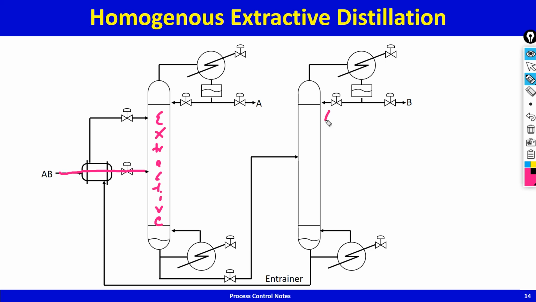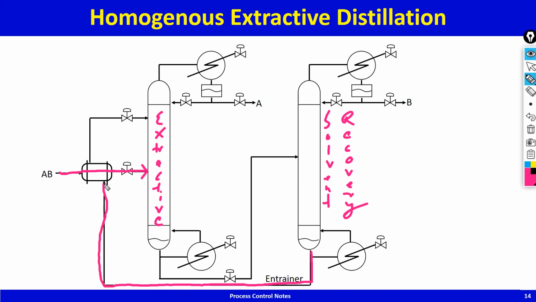So how should I write it? Solvent recovery. The solvent recovery column. Okay. So the feed goes into the extractive column. The entrainer or the solvent is heavy, so it drops down the bottoms of the entrainer or solvent recovery column.